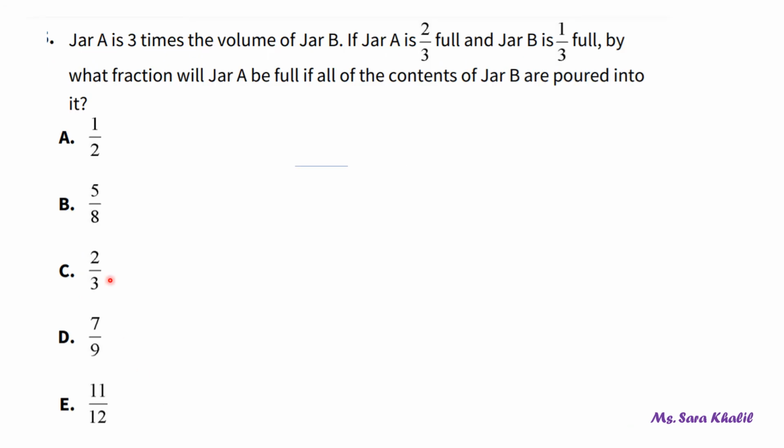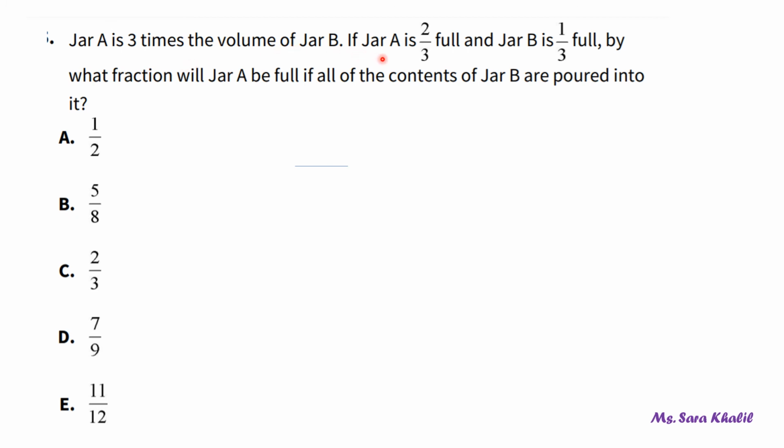The last question here says jar A is 3 times the volume of jar B. Read the question carefully and try to understand it. So jar A is 3 times the volume of jar B. So if jar B is 1, for example, meter cubed, this is 3 meter cubed, and so on.